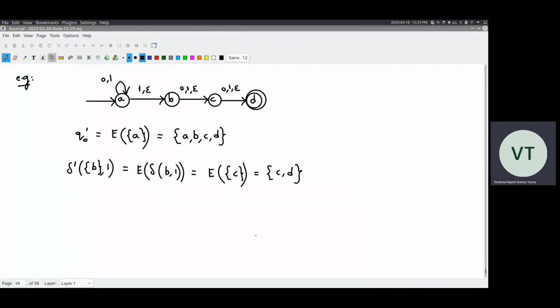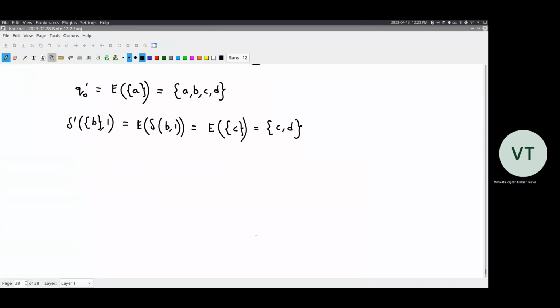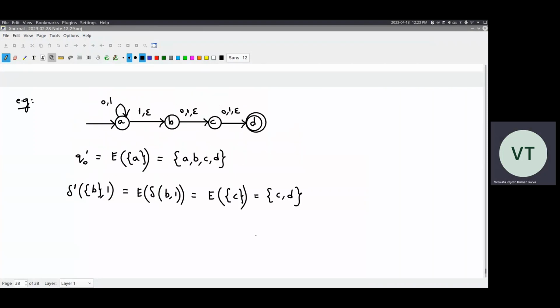All right. Okay. Clear or is it confusing? Yeah. So what is delta dash RA? So R is the set B here.